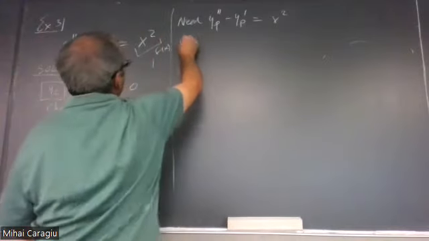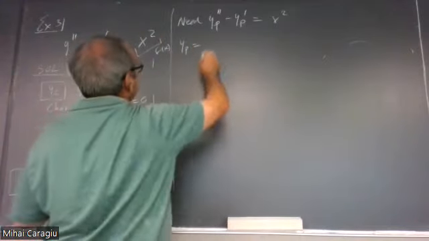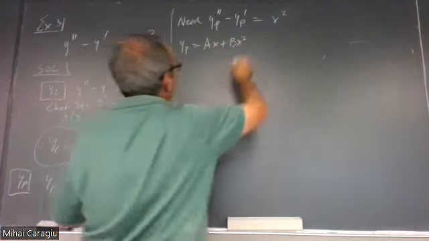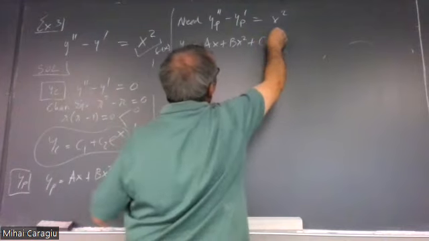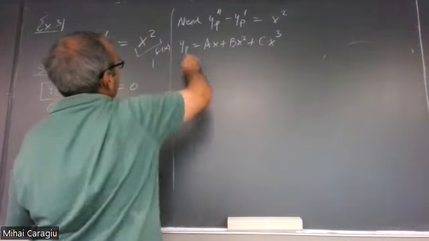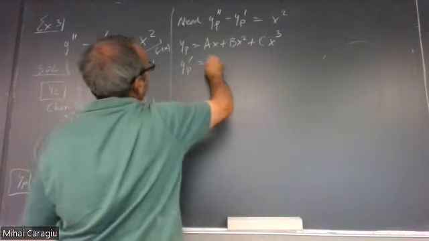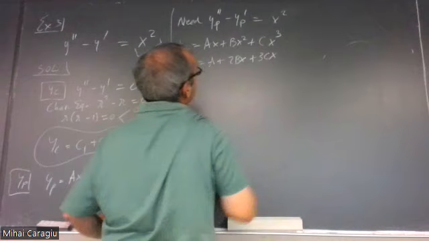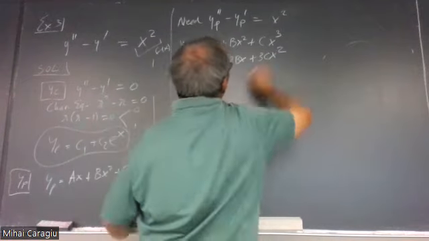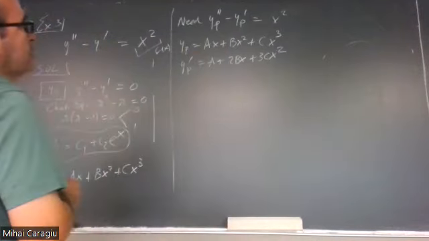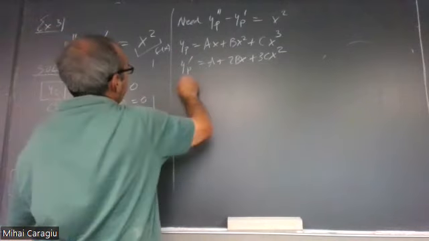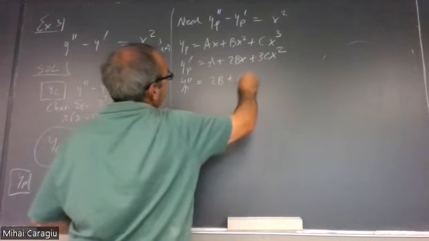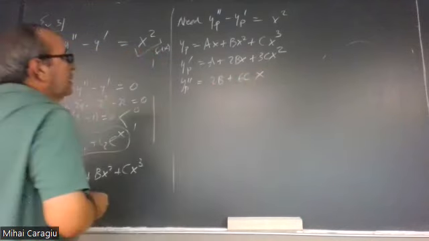So yp equals ax plus bx squared plus cx cubed. yp prime equals a plus 2bx plus 3cx squared. Right? And yp second equals 2b plus 6cx.